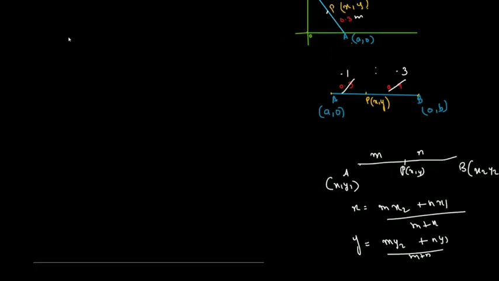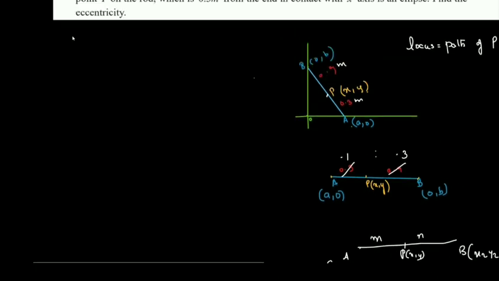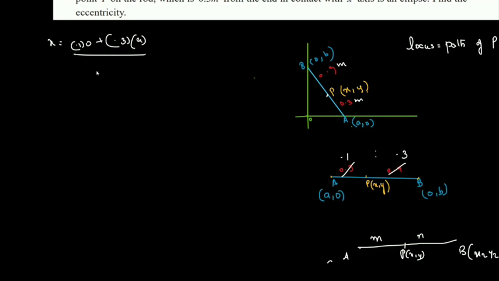So what is the x coordinate now? x is equal to (0.1 into 0 plus 0.3 into a) by (0.1 plus 0.3, which is 0.4). That is equal to 0.3a by 0.4, that is 3 by 4 a. So that is the x coordinate. Similarly, let us find the y coordinate.